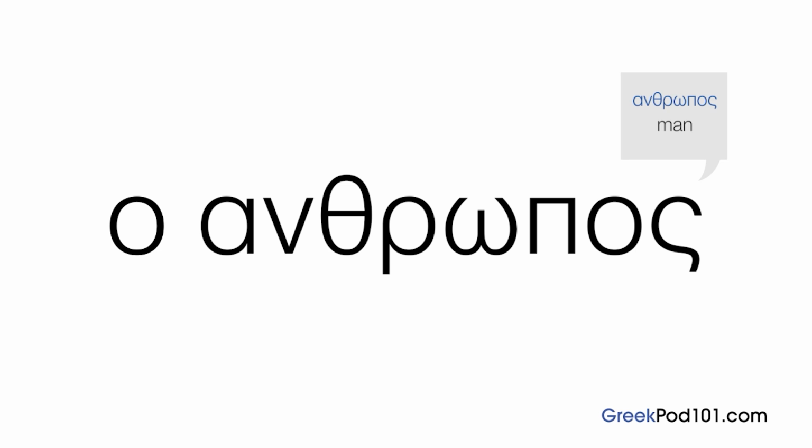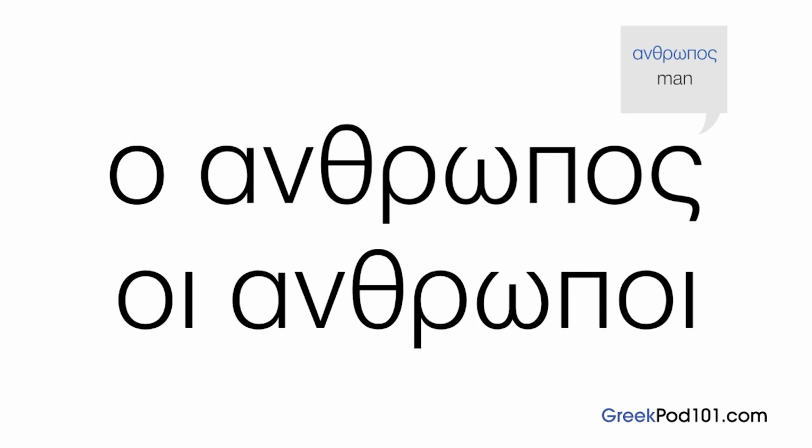Another combination is omicron iota. Put them together and omicron stops being O and becomes E. This is a really important combination because most Greek masculine nouns end in this omicron iota combination in their nominative plural form. It's also the article for that same form. Anthropos means man, as in mankind or human being. Its singular form is o anthropos, but the plural form becomes οι άνθρωποι.